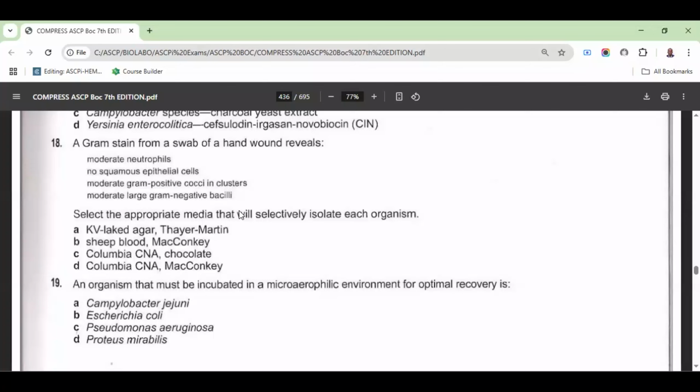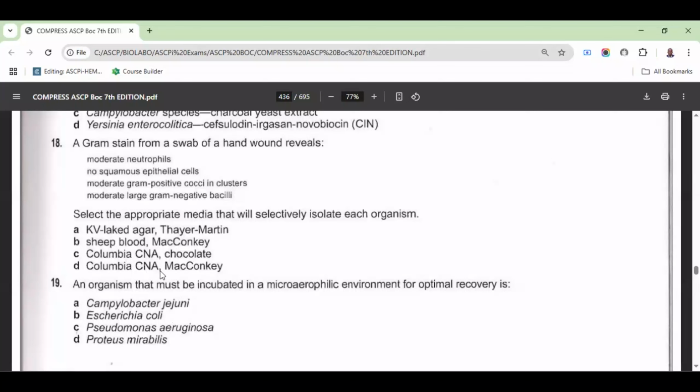I think all of us are agreeing on D. Very good. It is Columbia CNA and MacConkey agar. First of all, we understand the sample is from a wound.